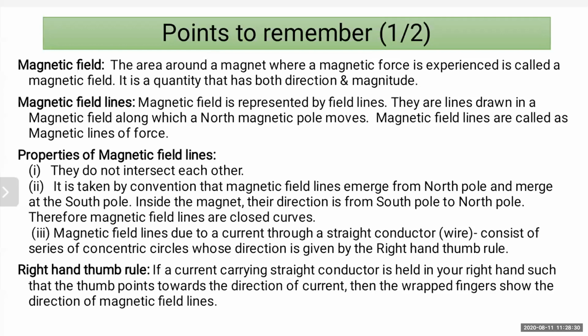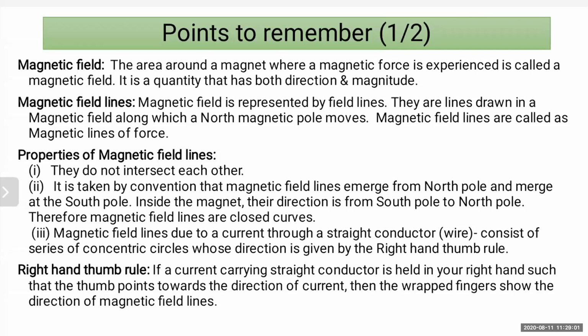Remember that point. The magnetic field is represented by the magnetic lines, and the direction of the magnetic lines is always from North to South Pole. What are the properties of magnetic field lines? They do not intersect each other.